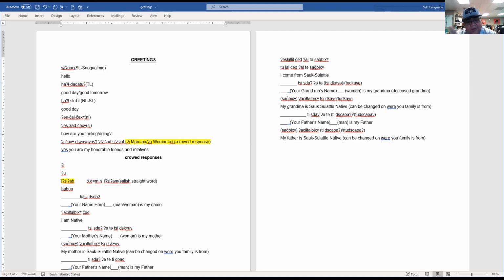We do have some words that still have M and N, but mostly it did change to B and D. All right. So Asyab. I do believe this is backwards.